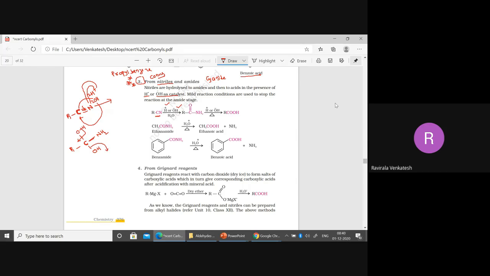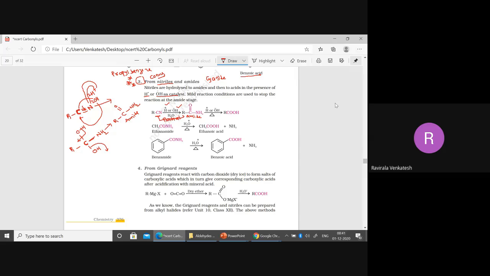So we get R, C double bond O, NH2. This is called an amide. Generally, this conversion is called partial hydrolysis, not complete.